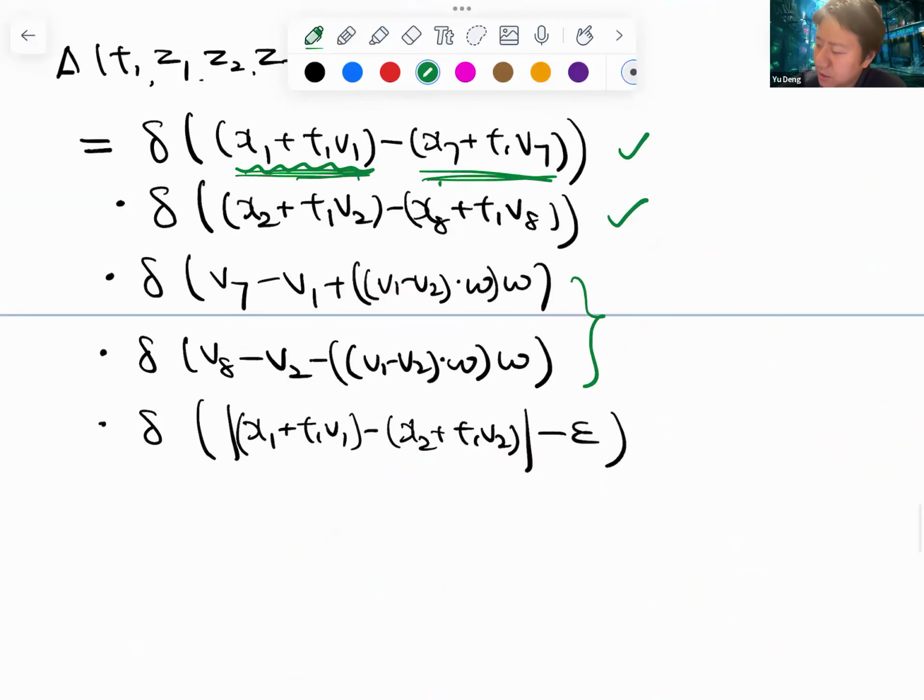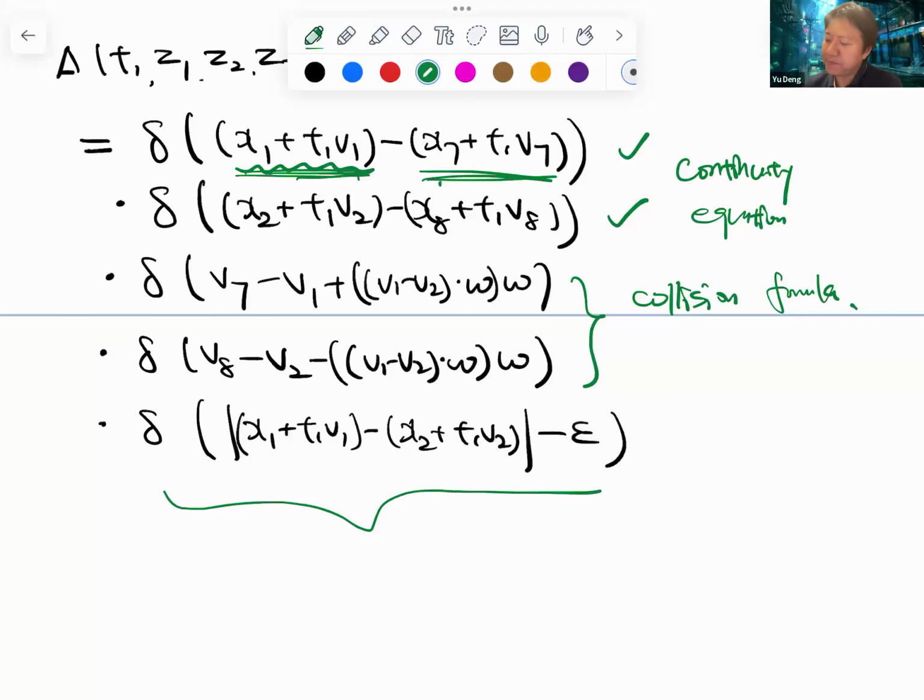So this is the continuity equation, and this one is the collision formula, and this one is the distance between the two particles at the time of collision is equal to epsilon, and this is exactly the collision condition.